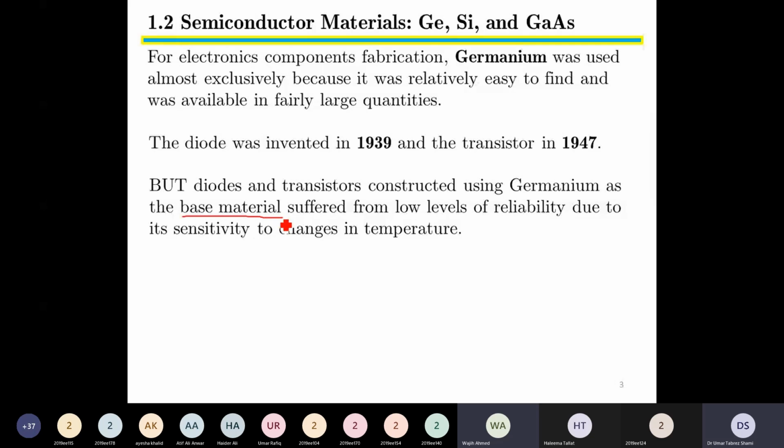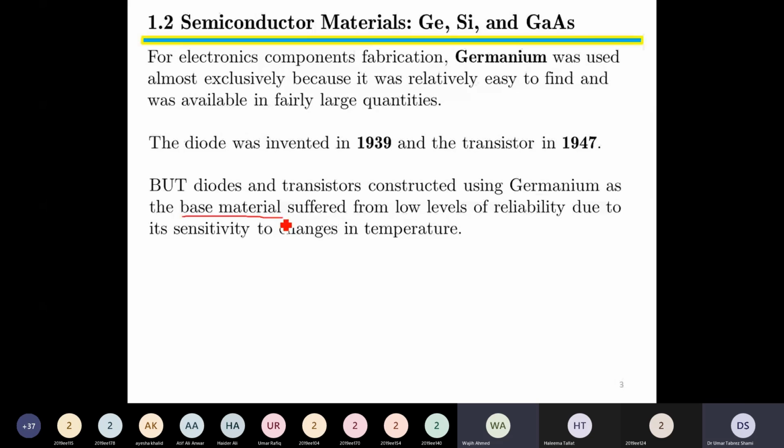If we take the example of a single crystal of germanium, then if we look using a microscope, we will find the base material equal to a perfect crystal of germanium, which is almost 98% pure germanium. But it is of no use.